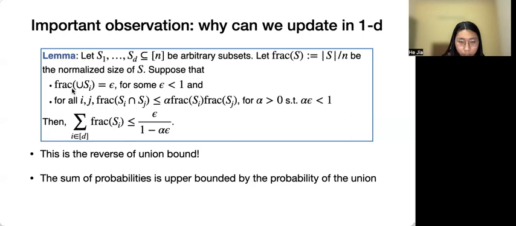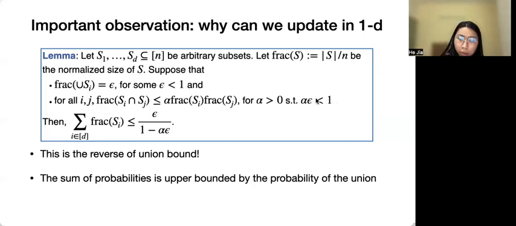And the second condition: for any pair i, j, the fraction of Si intersection Sj is upper bounded by alpha times the fraction of Si times the fraction of Sj. Alpha can be any number greater than 0, such that alpha times epsilon is less than 1.